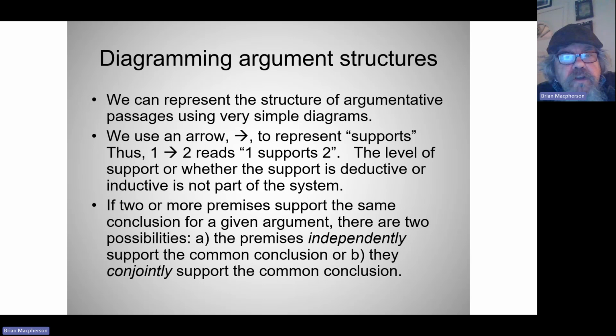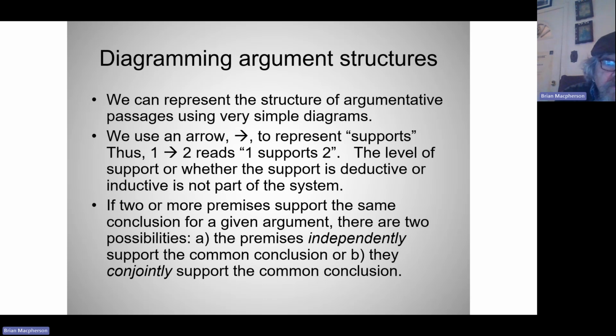But for this week, just a heads up that this method is silent between whether the argument is inductive, that is probabilistic, or deductive, i.e. the conclusion is entailed with certainty, right? It doesn't tell you about whether the argument is inductive or deductive. It just tells you that these particular sentences are meant to support some other sentence, right? And so you represent that using the arrow.